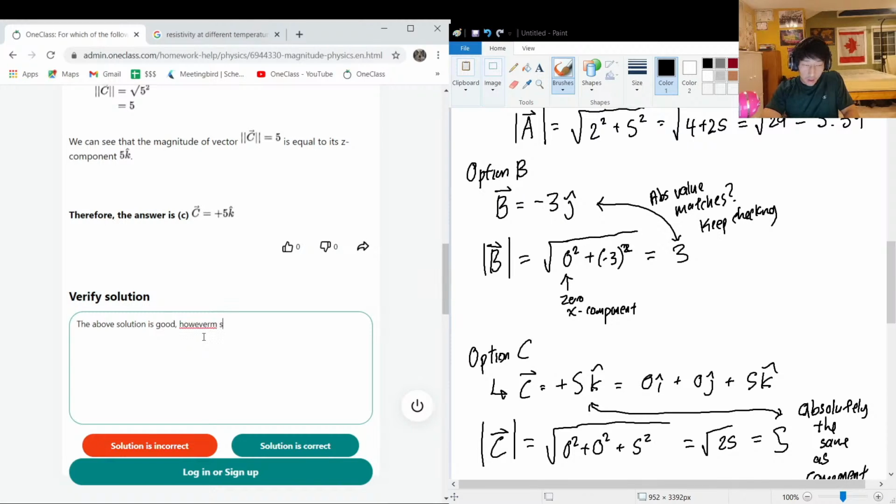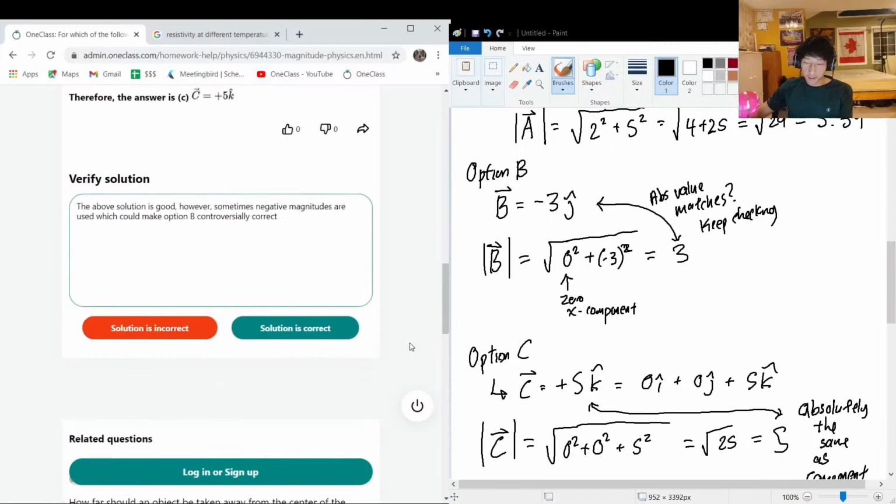However, sometimes negative magnitudes are used, which could make option B controversially correct. We need to debate a little bit, but under the right circumstances, maybe you could argue that.